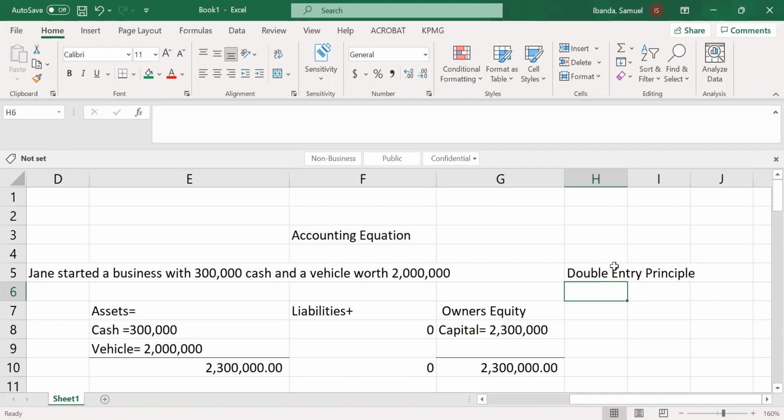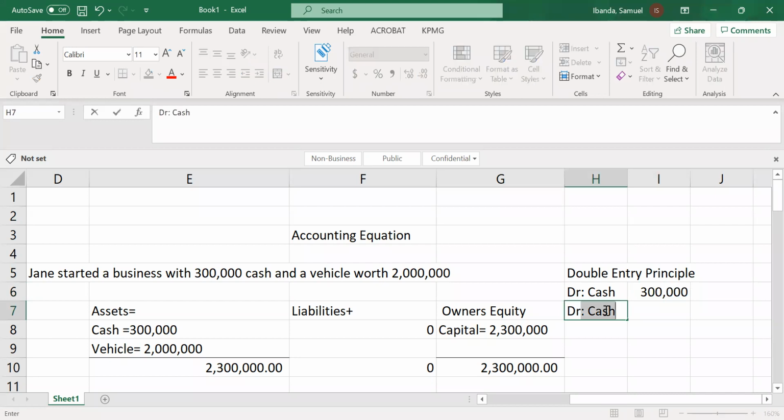Now, if they're saying Jane started a business with 300,000 cash and a vehicle of 2 million, we debit cash with 300,000. We also go on to debit vehicle with 2 million.